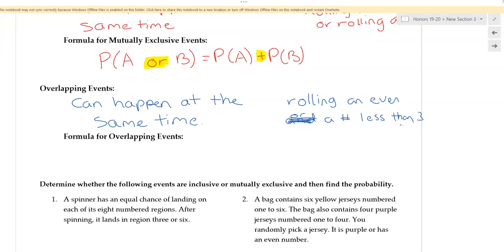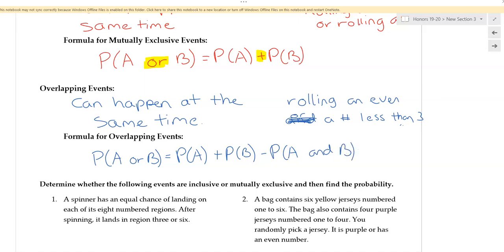So therefore, for our formula, it's a little different. The probability of A or B for overlapping events is the probability of A plus the probability of B minus the probability of A and B. Okay.